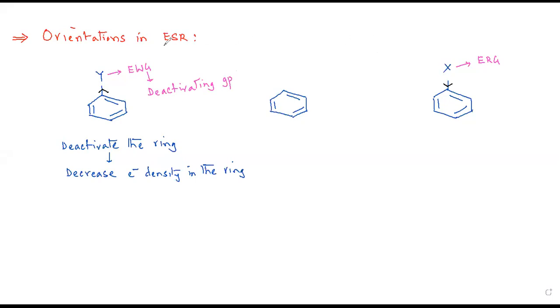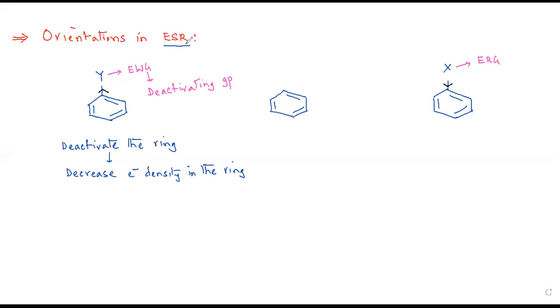See, in electrophilic substitution reaction, electrophiles approach the ring readily only if the ring has electron density, too much of electron density.